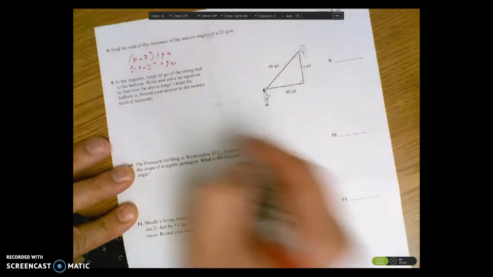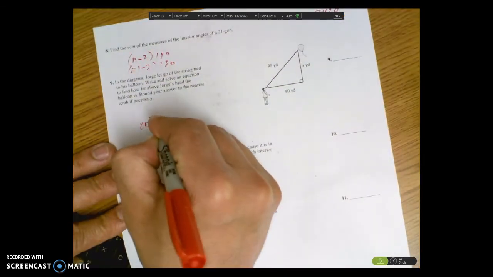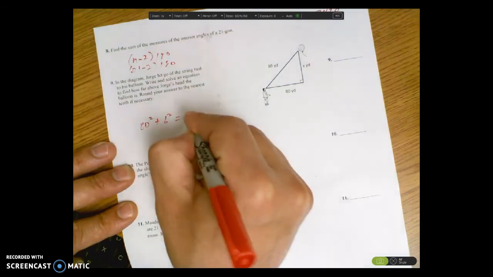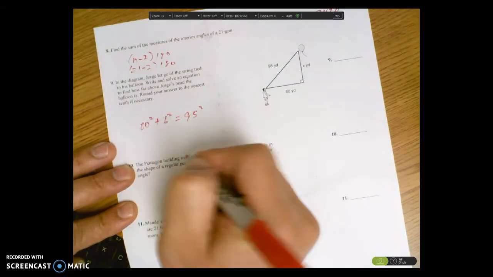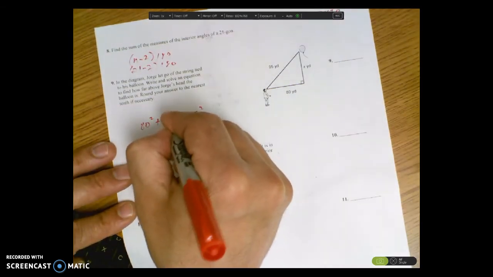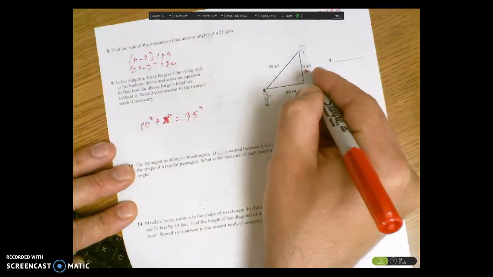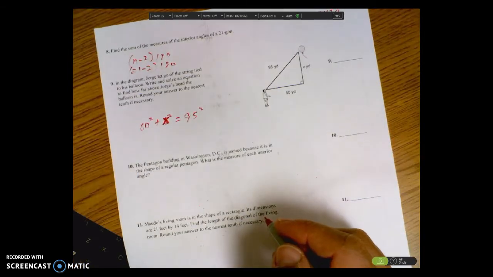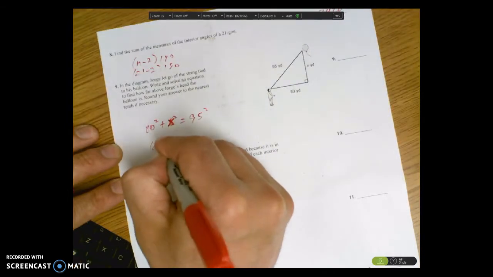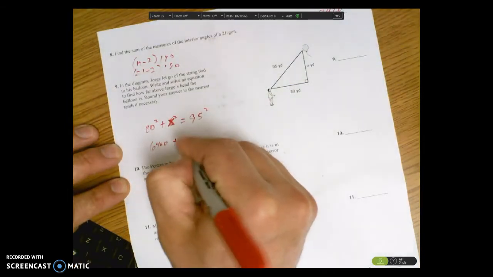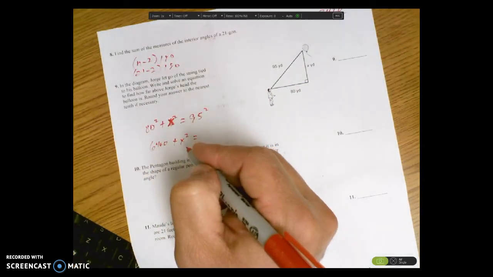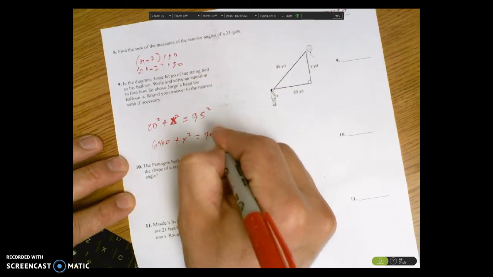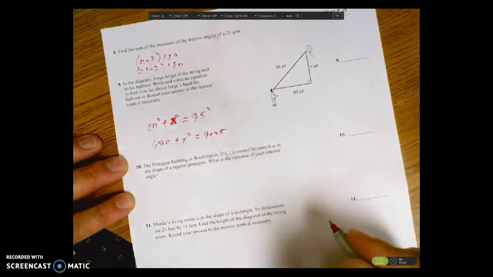So 80 squared plus b squared equals 95 squared. You guys probably want to call that x. I should probably call it x too, because that is the variable in the problem. All right. So 80 squared is 6,400 plus x squared equals 95 squared, which is 9,025.